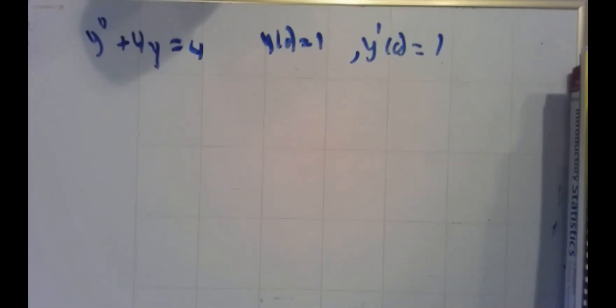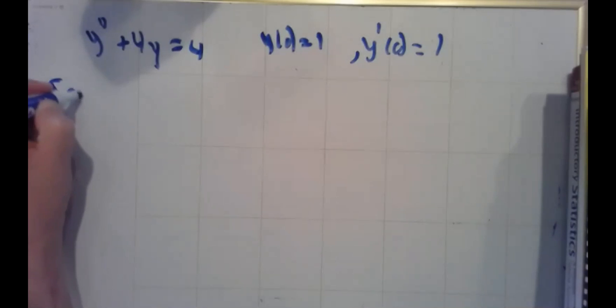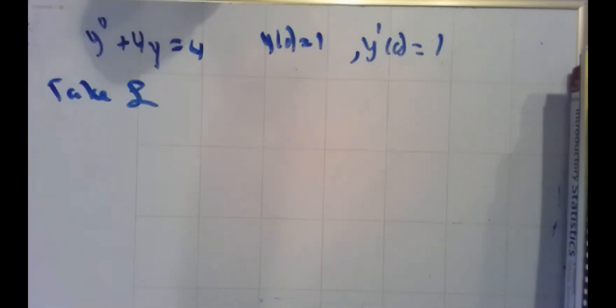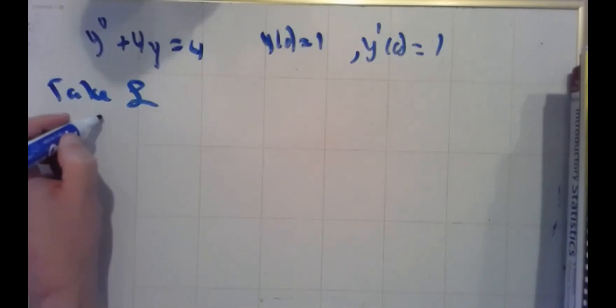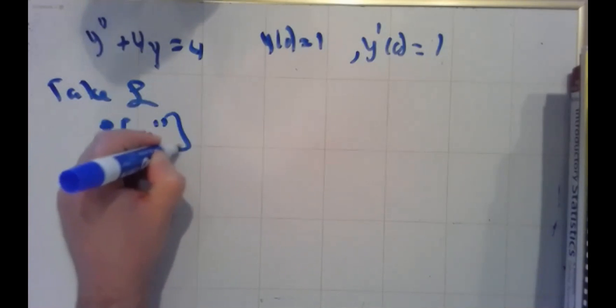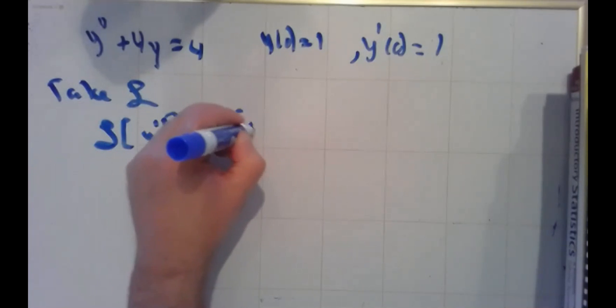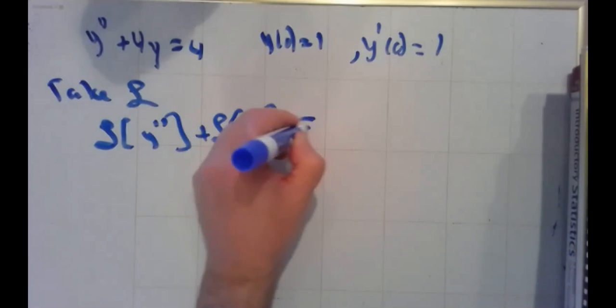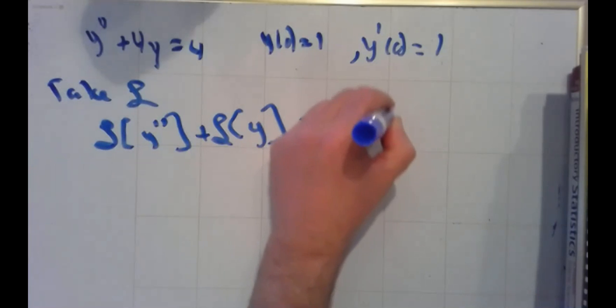All right, so we're going to take the Laplace transform of everything. I'm going to write out a bunch of details here. Laplace transform of y double prime plus the Laplace transform of y should equal the Laplace transform of 4.